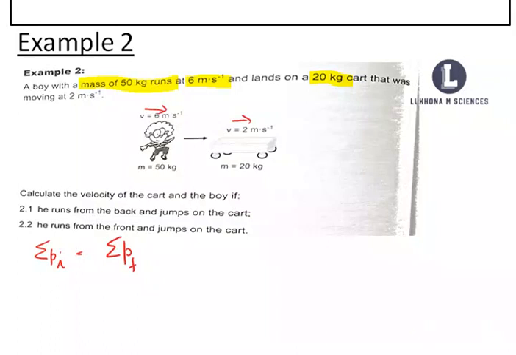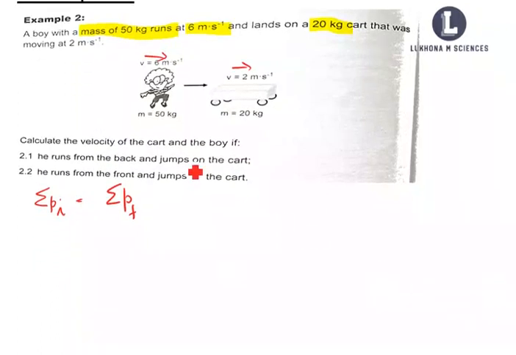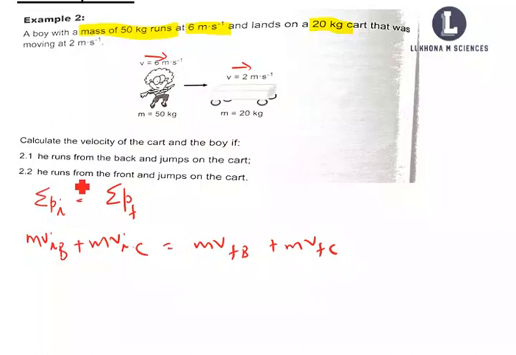Okay, so we have the boy and the cat, so we have mv initial of the boy plus mv initial of the cat, which is equal to mv final of the boy plus mv final of the cat. Let's take right as positive, this one is positive, this one is positive, same direction.